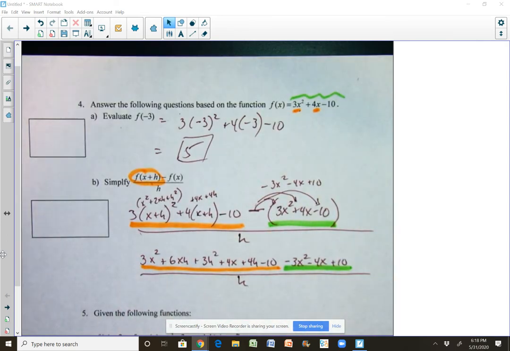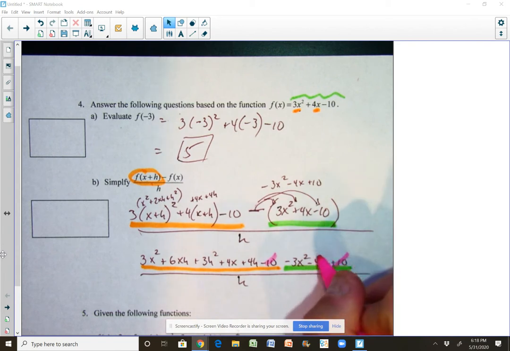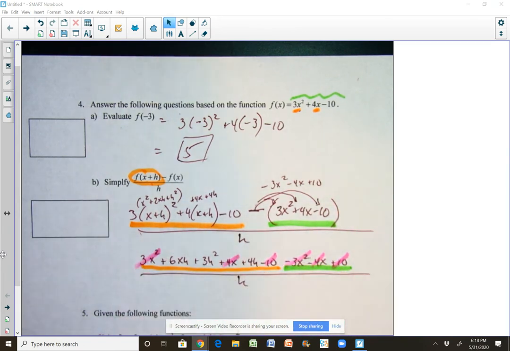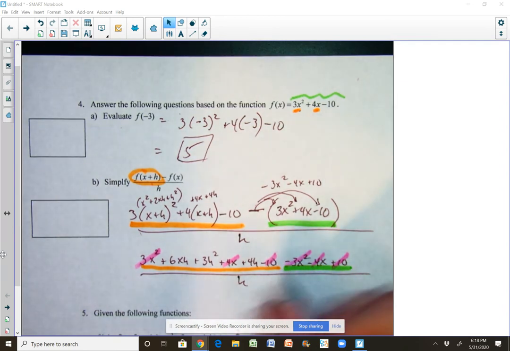So remember, we're going to get terms to cancel out, right? Here's a positive 10, here's a negative 10. Here's a negative 4x, there's a positive 4x, and here's a negative 3x squared, and there's a positive 3x squared. So every one of the function terms should cancel out. What that turns out to be is 6xh plus 3h squared plus 4h, and all of that is all over h.